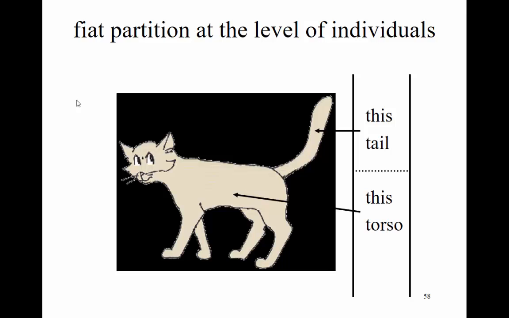So very often when you're doing ontology, you discover that there are clear cases of this, clear cases of not this, but then also cases in the middle where they're not clearly either this or not this. That doesn't mean that there are no clear cases of this, nor does it mean that there are no clear cases of not this. It just means you have to be careful about the cases in the middle.